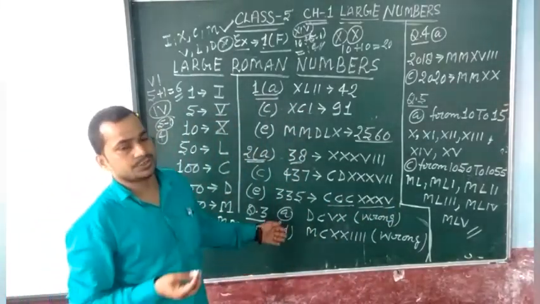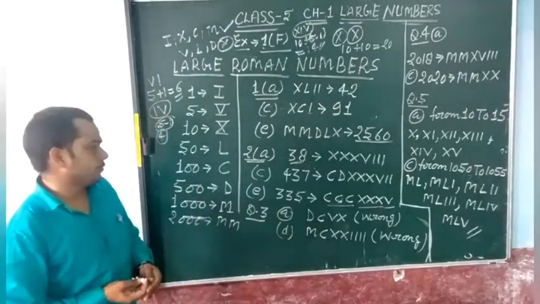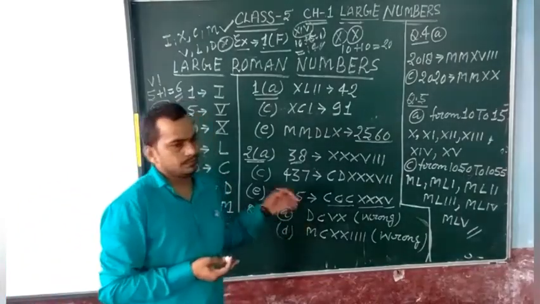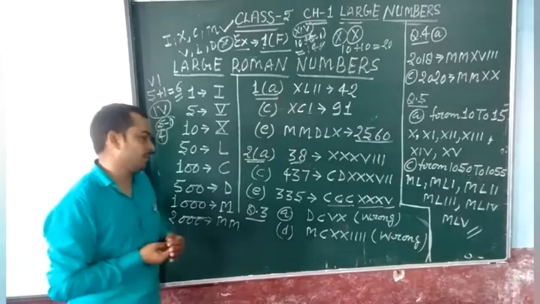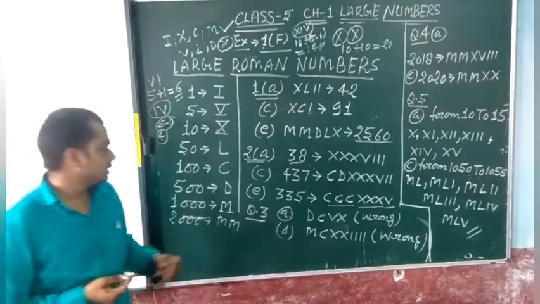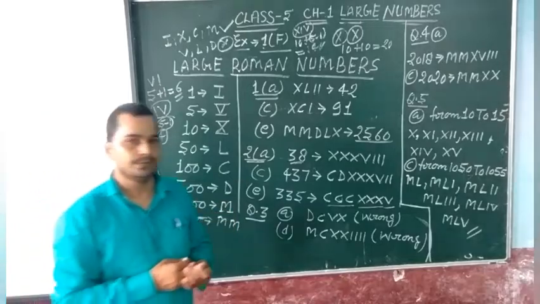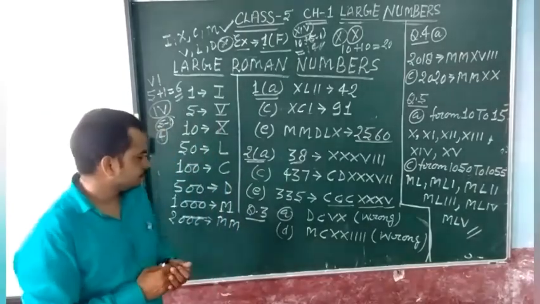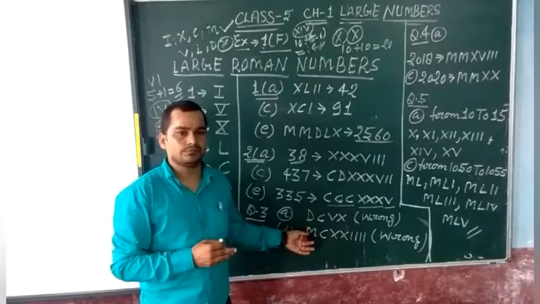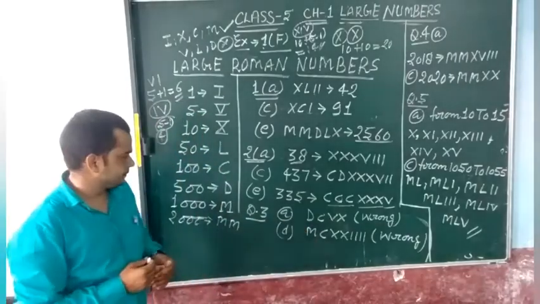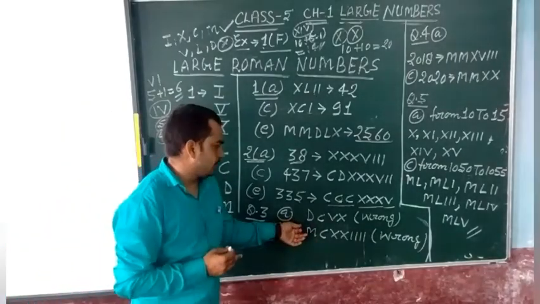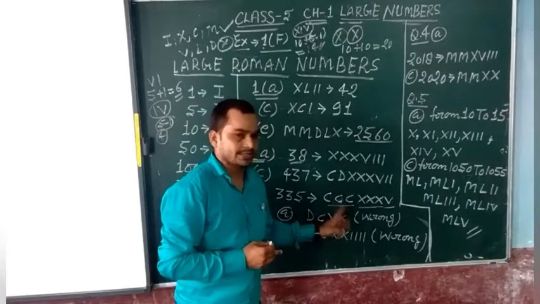Now the next question is: which Roman numerals are meaningless? That means they have no meaning, because they have not followed the rules of Roman numerals. So part A, DCVX.